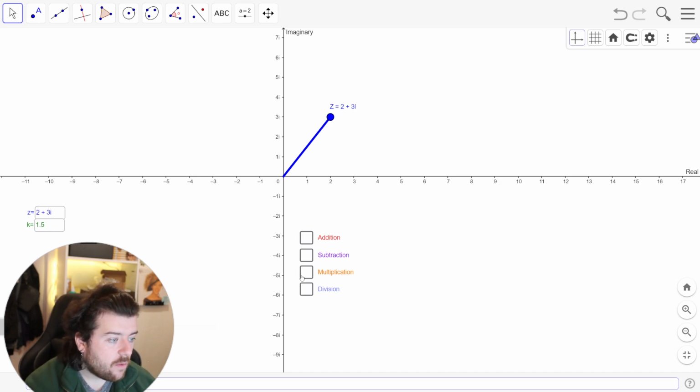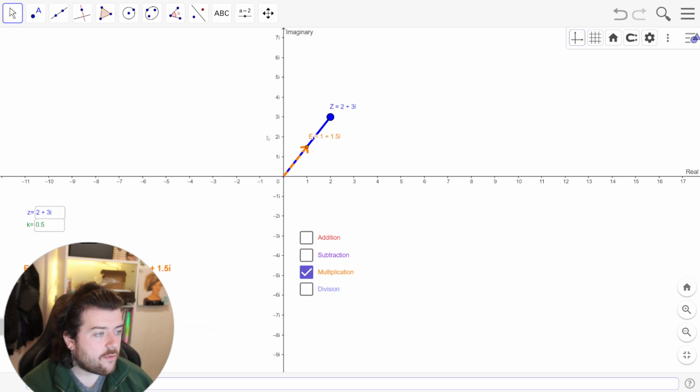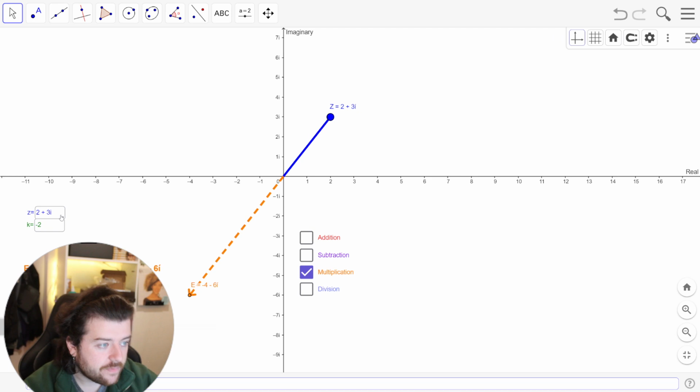When I multiply by 1.5, it stretches my complex number, and when I multiply it by a number less than 1, it compresses it down here. Then if I multiply by a negative number, I am going across the origin point. So if I multiply by -2, it stretches it in the opposite direction. And there are the key transformations you need to be aware of.